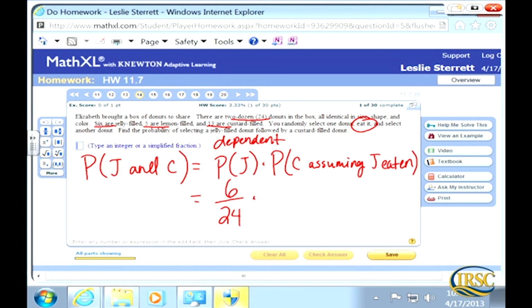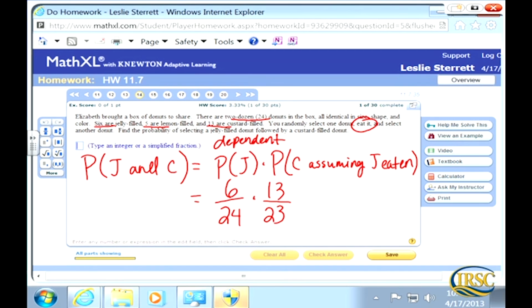And so now what's the probability of selecting a custard now that you have eaten a jelly donut? Okay, 13 custard over what? 23 donuts are now in the box because you have eaten one of them. There were still 13 custard because you ate a jelly. It didn't affect the number of custard that were in there. Okay, but there are now 23 donuts in that box.